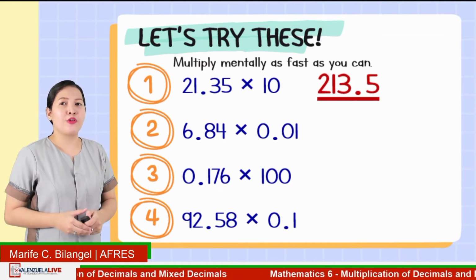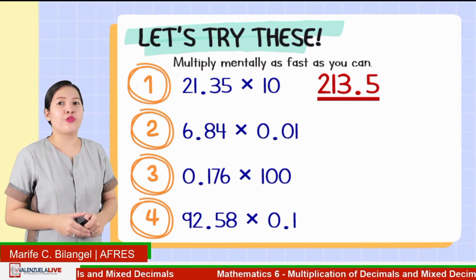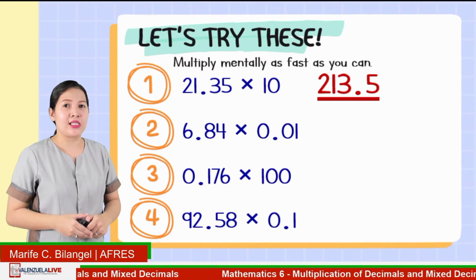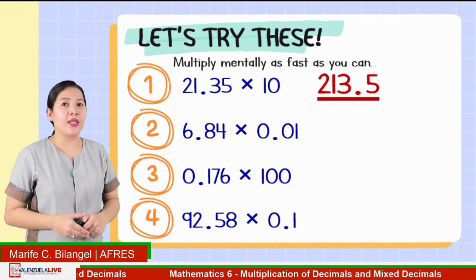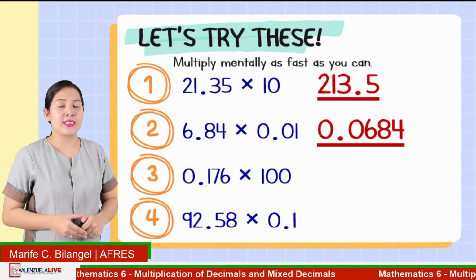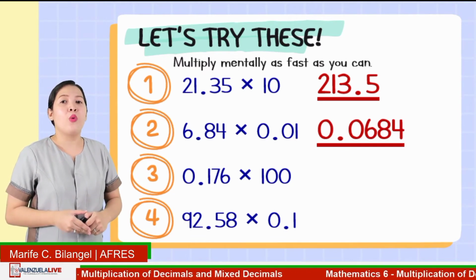The product for 21 and 35 hundredths multiplied by 10, the answer is 213 and 5 tenths. Then we have 6 and 84 hundredths multiplied by 100.